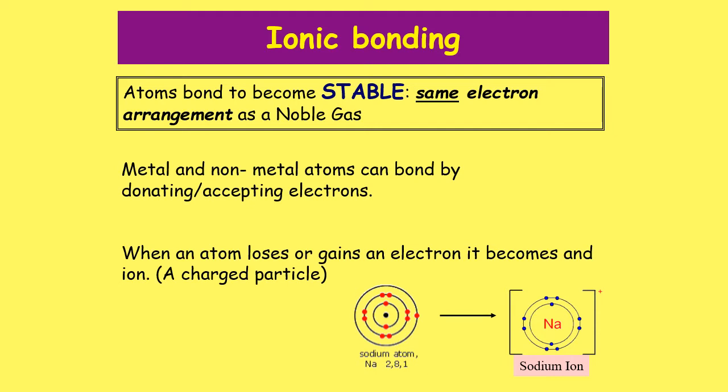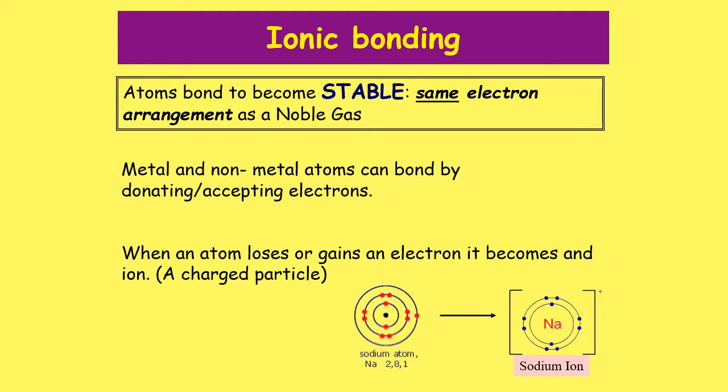So ionic bonding. We always need to remember, whenever we're talking about bonding, that atoms bond to become stable. And that means they bond to end up with the same electron arrangement as a noble gas. Metals and non-metals can bond by donating and accepting electrons.